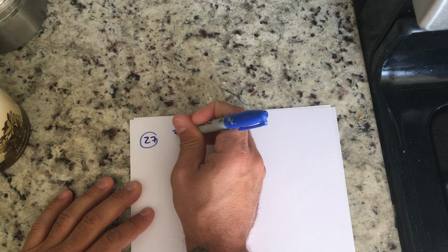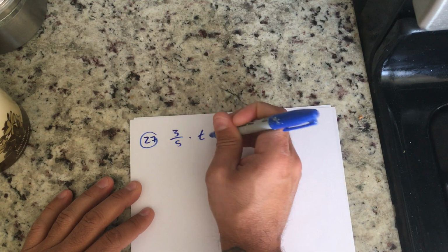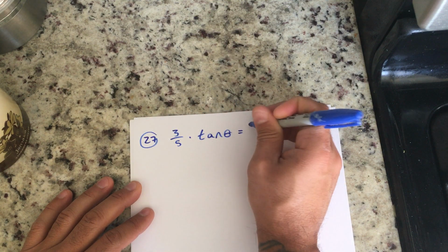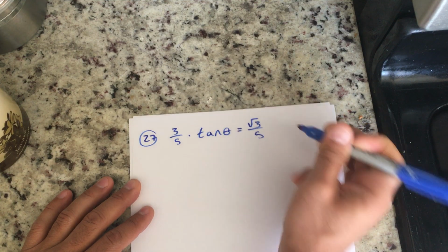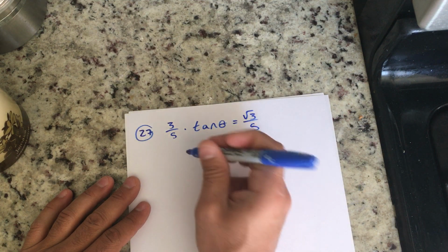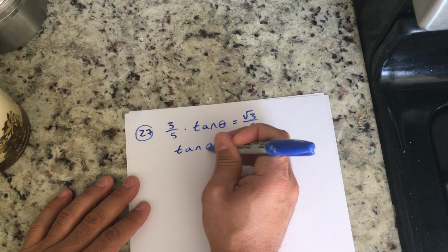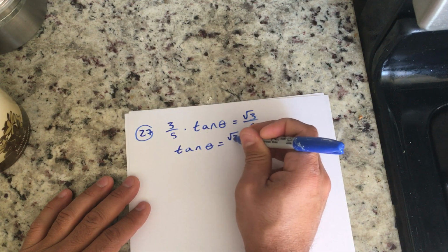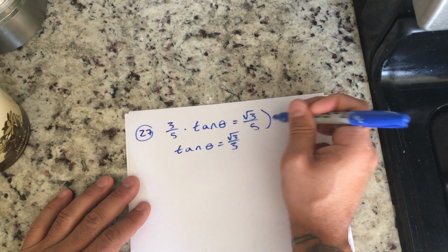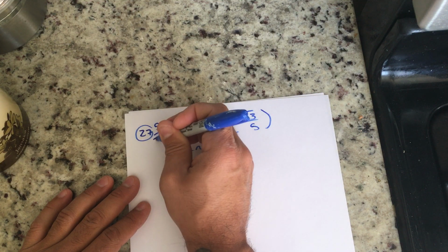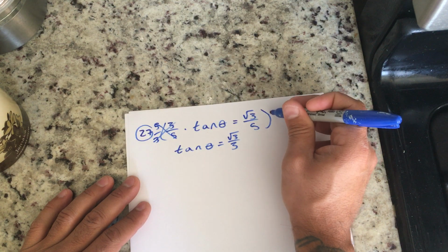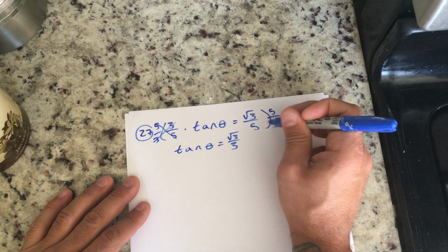27, 3 over 5 times the tangent of theta equals square root of 3 over 5. I'm gonna multiply by 5/3, so I get tangent of theta equals the square root of 3 over 3. Multiplying this by 5/3 cancels that, and multiplying this by 5/3 cancels that.